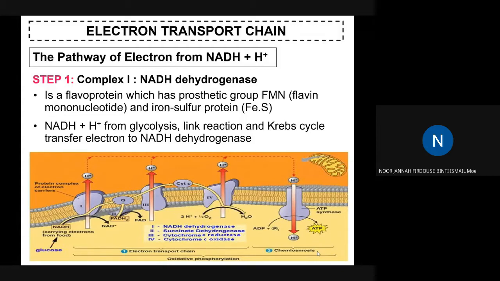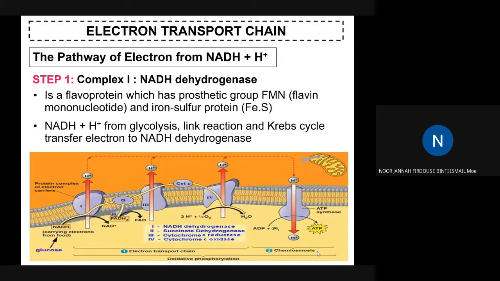NADH plus H plus from the glycolysis, from the link reaction, and also from Krebs cycle will transfer their electron to NADH dehydrogenase. This is why the complex is named NADH dehydrogenase, because it removes the hydrogen from the NADH.